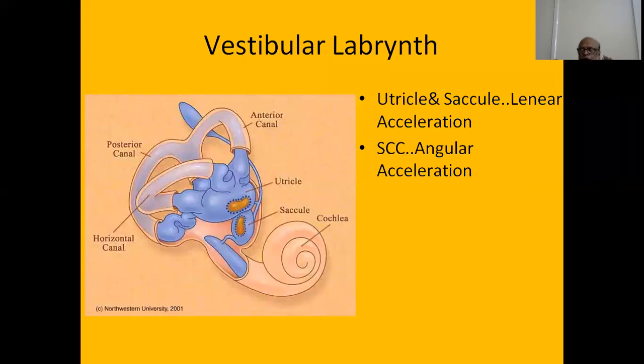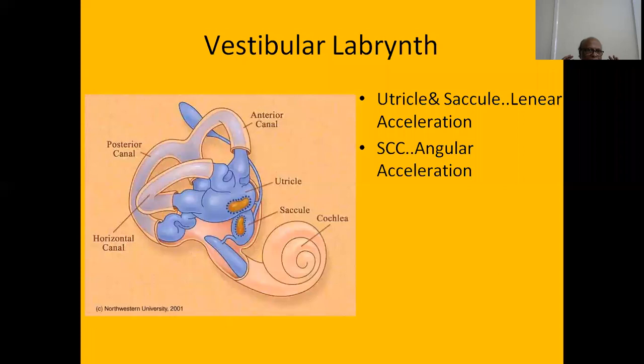If you turn towards the right side, the endolymph traverses on the right side away from the ampulla, whereas on the left side, the endolymph traverses towards the ampulla. The movement of the endolymph towards the ampulla is called auriculopetal, whereas the movement of the endolymph away from the ampulla is called auriculofugal.